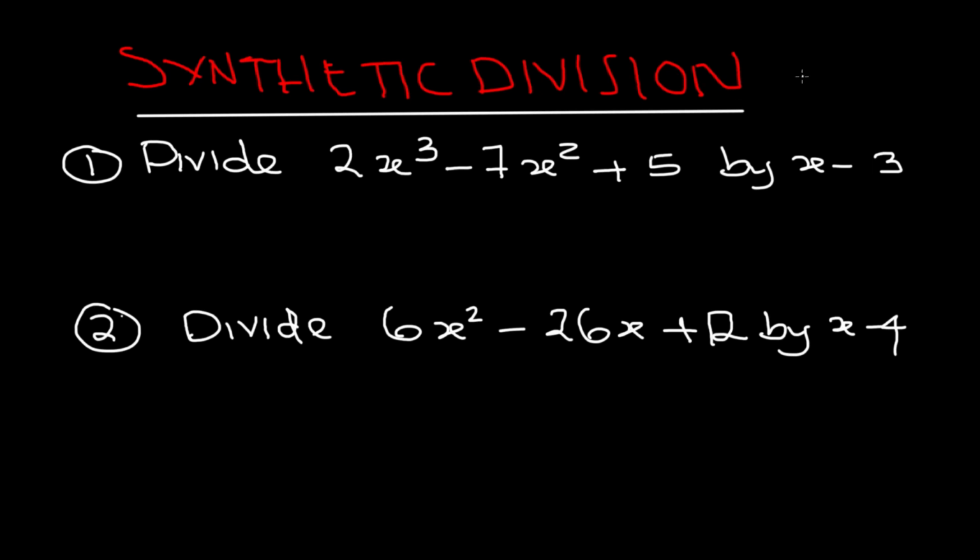Okay, so method 2 of dividing polynomials by their factors is called synthetic division. The key thing to note is that normally we need this to have a coefficient of 1.